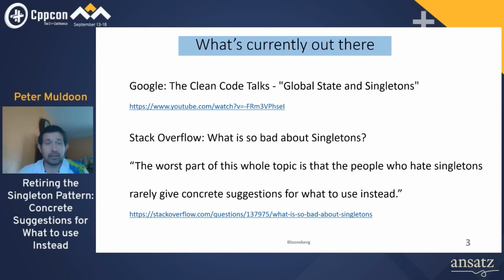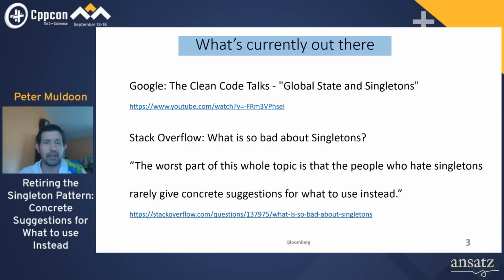So I kept on looking around, and I found this conversation on Stack Overflow, which was, what is so bad about singletons? Some guy who hadn't, I guess, been doing C++ very long said, I found the singleton pattern, I see how it's used, but everybody keeps saying not to use it. Why is that? And there were a lot of people saying you shouldn't use it, it's bad.